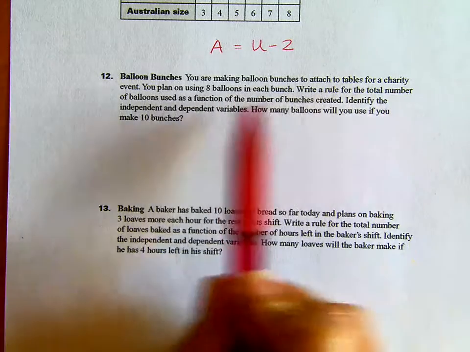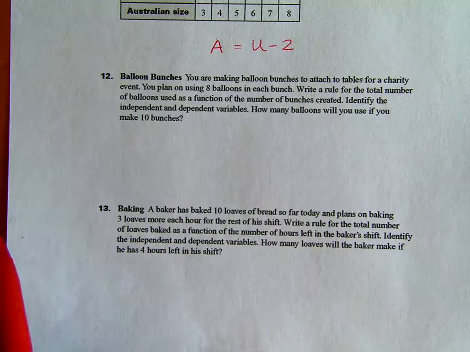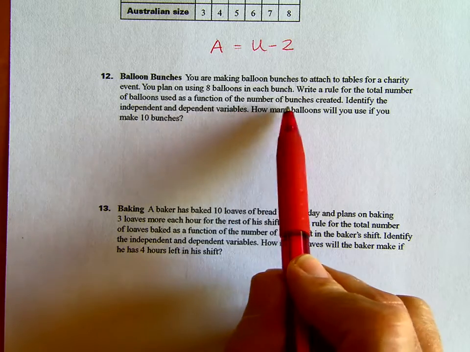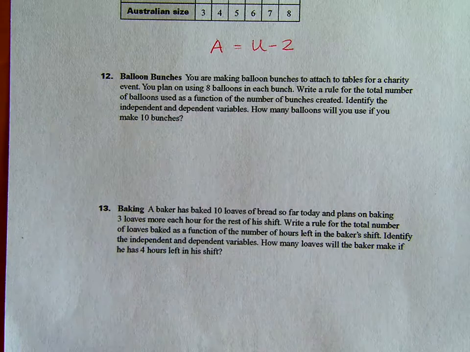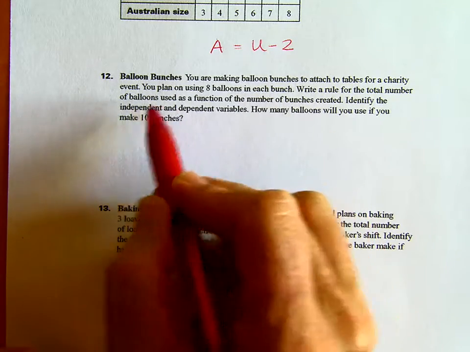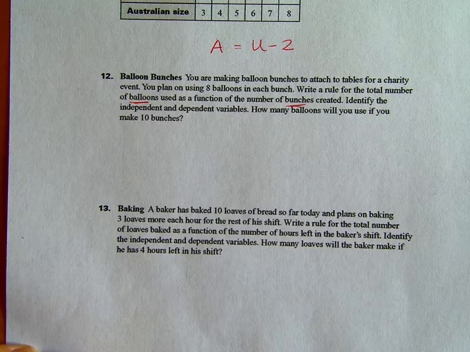You are making balloon bunches to attach to tables for a charity event. You plan on using 8 balloons in each bunch. Write a rule for the total balloons used as a function of the number of bunches created. Identify the independent and dependent variable. So we want the total number of balloons. Sometimes it bums me out when they use balloons and bunches. So they're both B's.